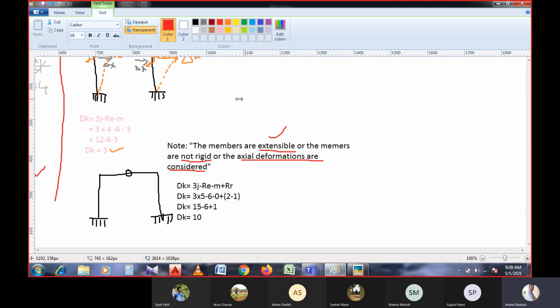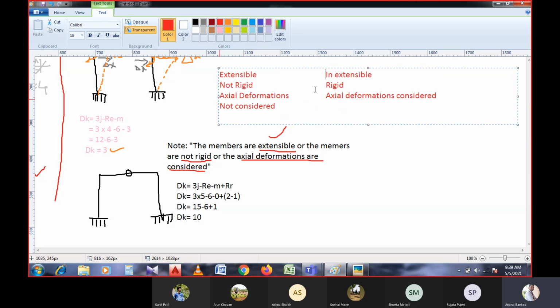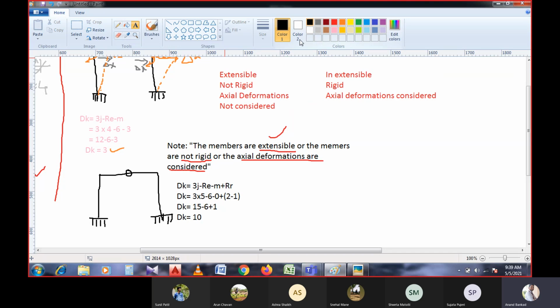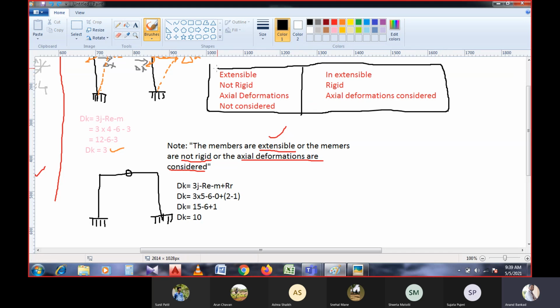If you observe these sentences in the questions, they would say extensible, not rigid, axial deformations are not considered.